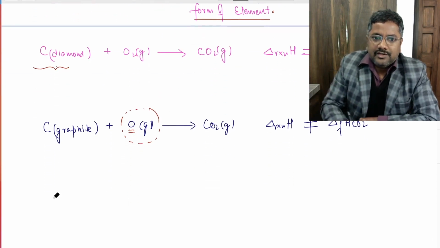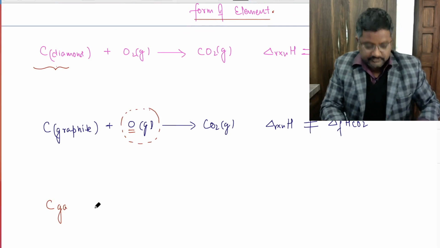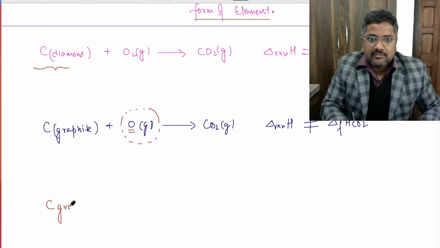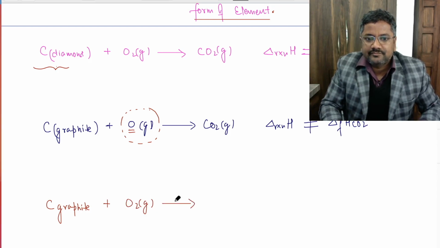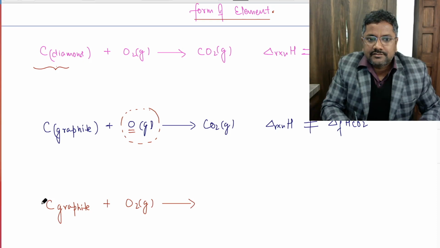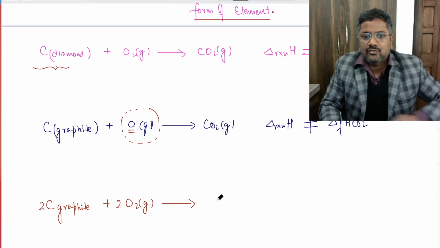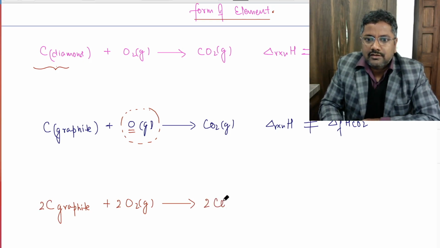Now, if you design the reaction carbon graphite plus O2 gas gives, suppose that 2C, 2O2 and 2CO2 gas.